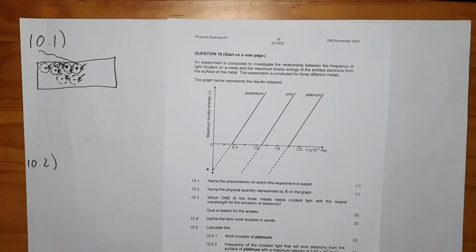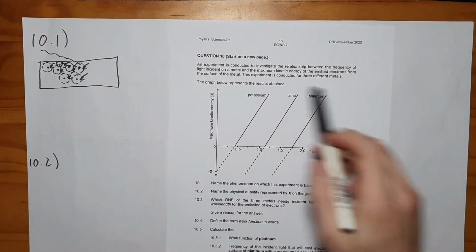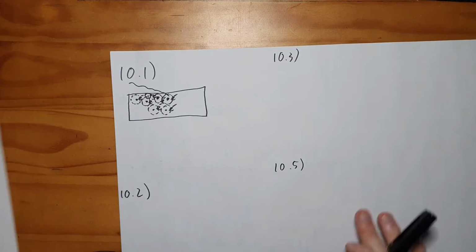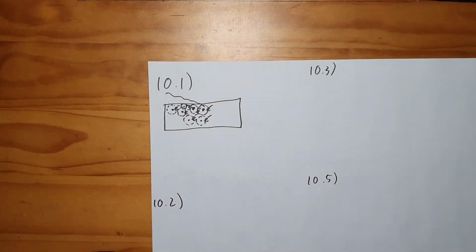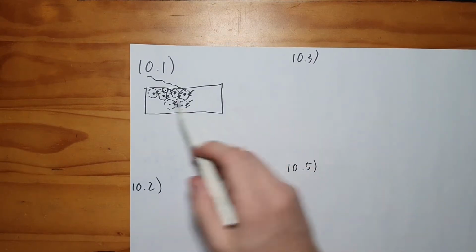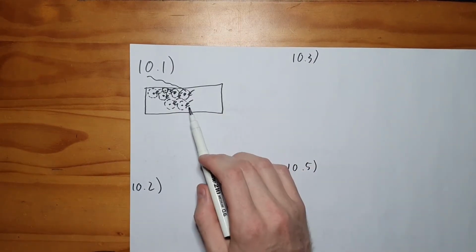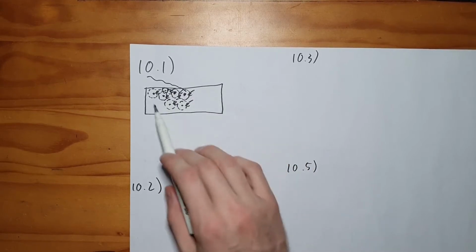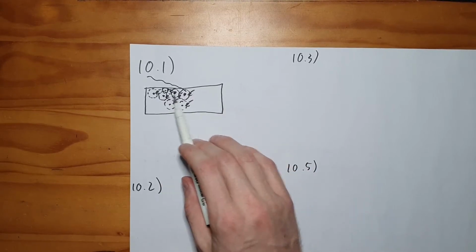The first thing you should realize is that this kind of question is always going to deal with the photoelectric effect. Now, just a quick overview of what the photoelectric effect is. You have incident light coming in onto the surface of your metal. Remember, the atom arrangement inside the metal has a sea of electrons.